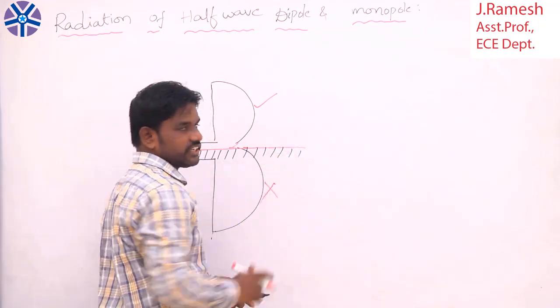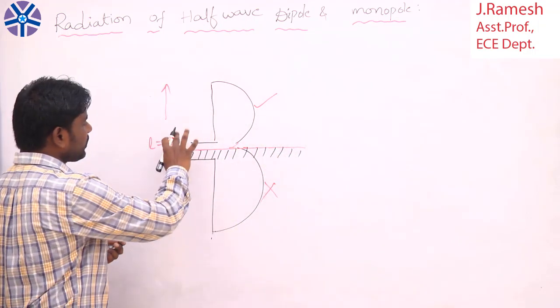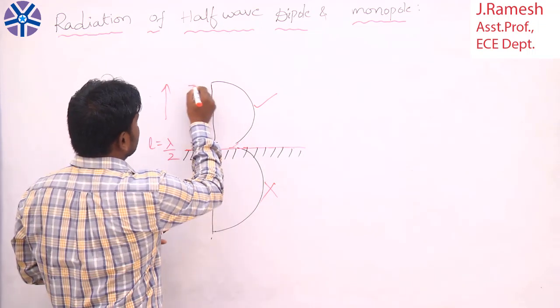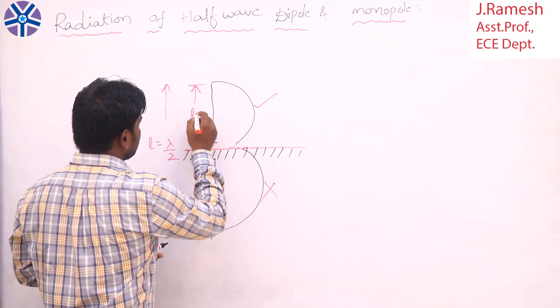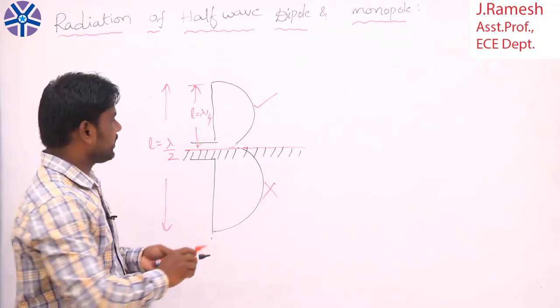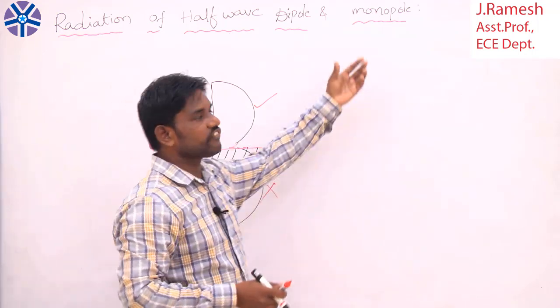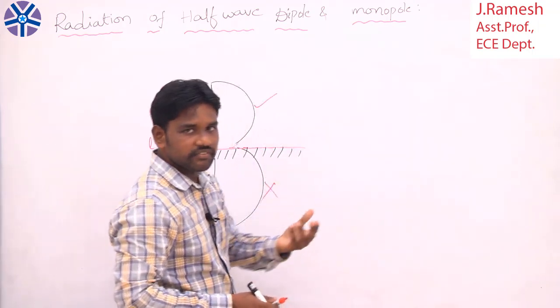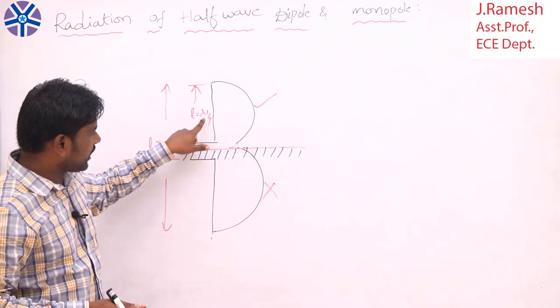So I just replace it here. If the total length is lambda by 2, then from here to here my length is lambda by 4. So now I can name this a quarter-wave monopole, that is, the length is lambda by 4.